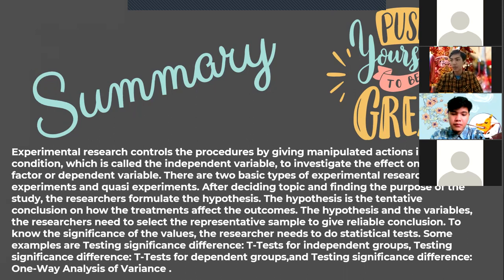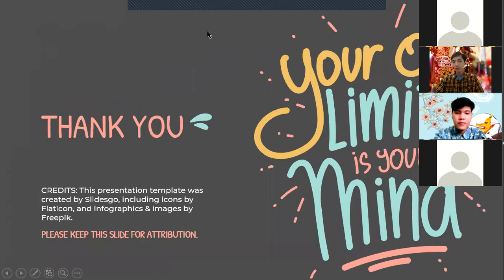I think we may choose one of them. Some examples are testing significance of difference with the t-test for independent groups, the t-test for dependent groups, and one-way analysis of variance. So that's all from the leader.